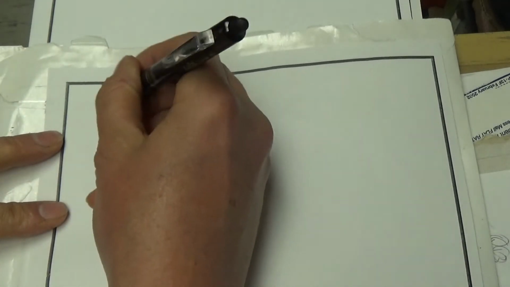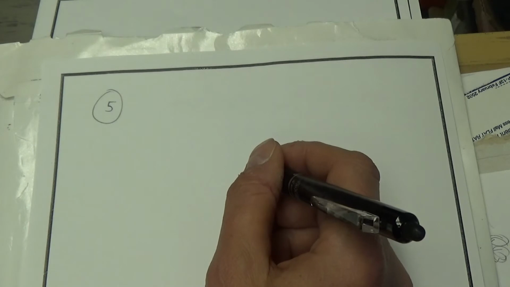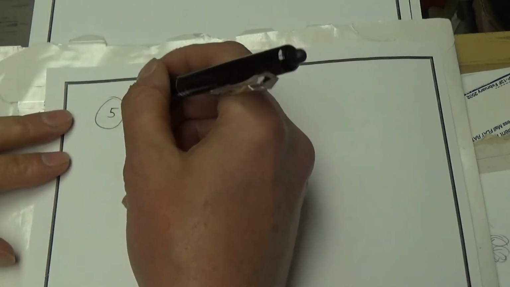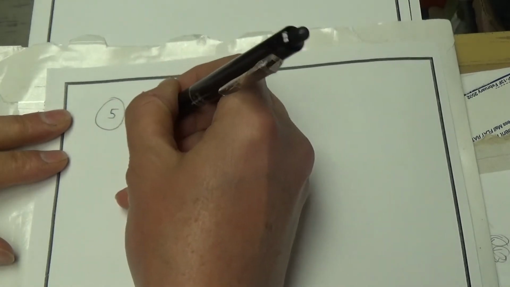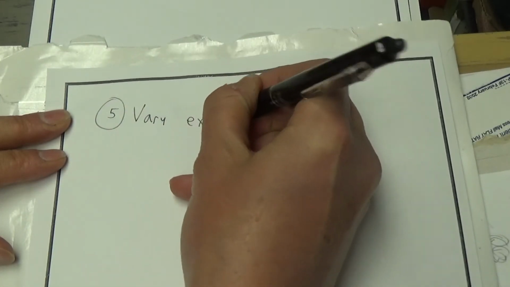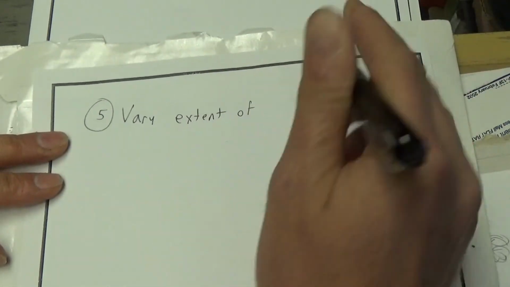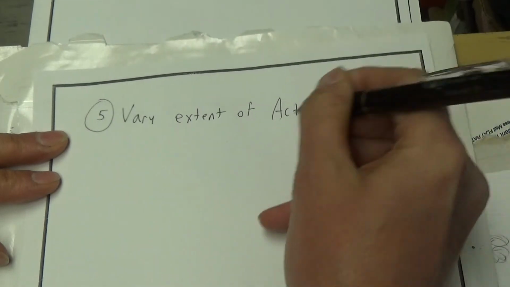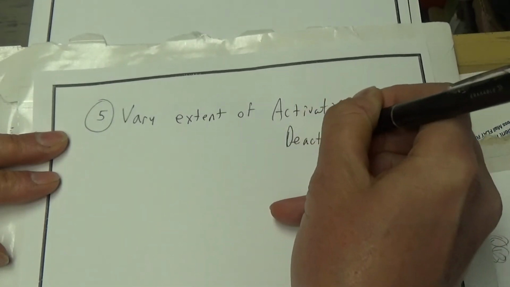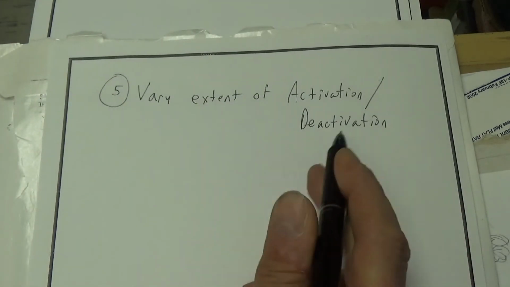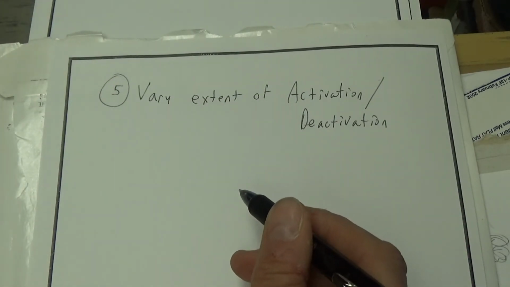Alright, topic 5 is now going a little further into this. So what we're going to do is vary the extent of activation and deactivation using a couple strategies that we have.